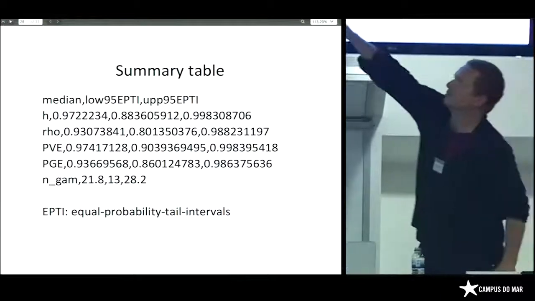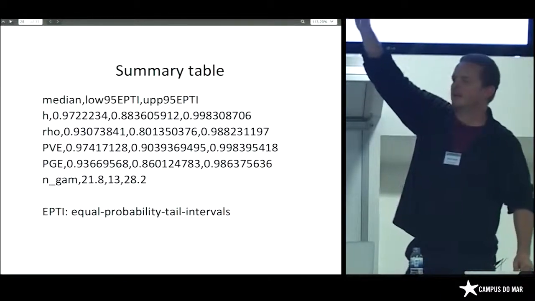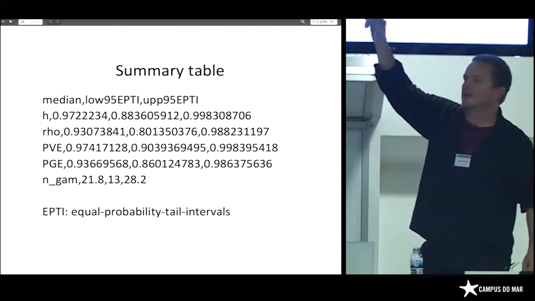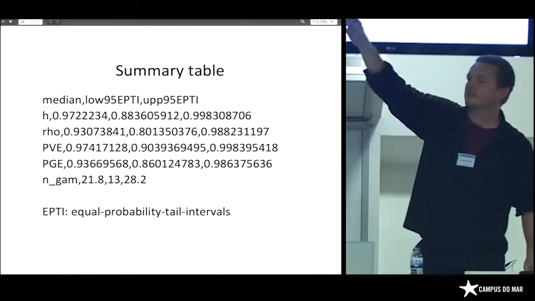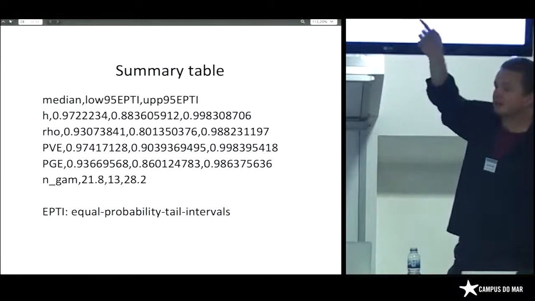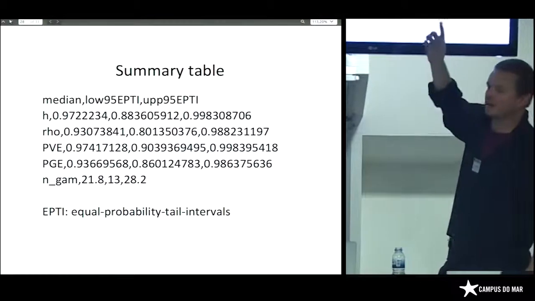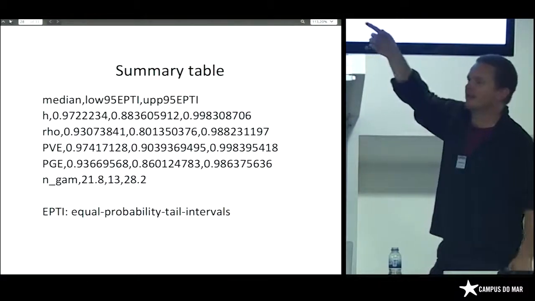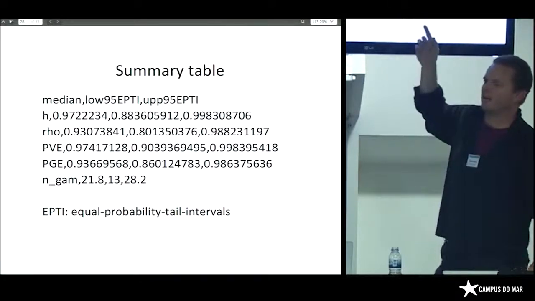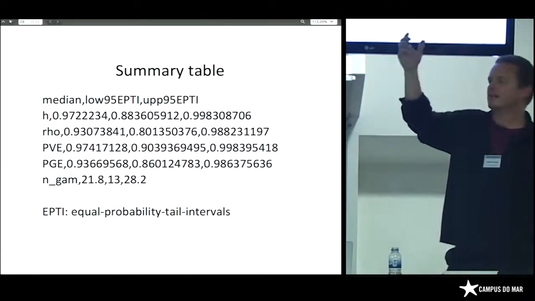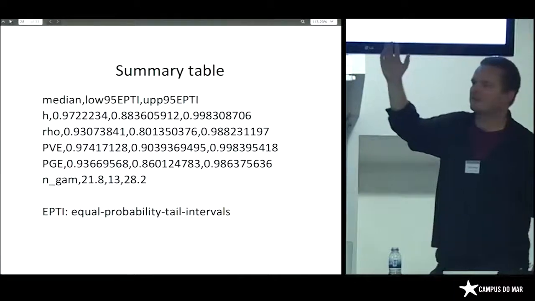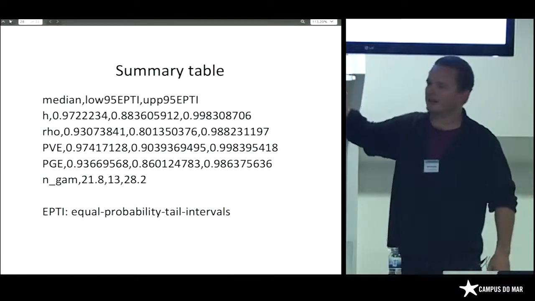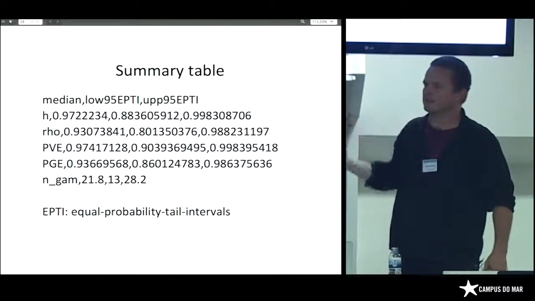Okay? So PVE is the proportion of variance explained. That's the proportion of variance that's explained by that red population and the black population together. Then PGE is the proportion that's explained just by the black population. So just the SNPs of large effect without the SNPs that are unrelated to the phenotype.